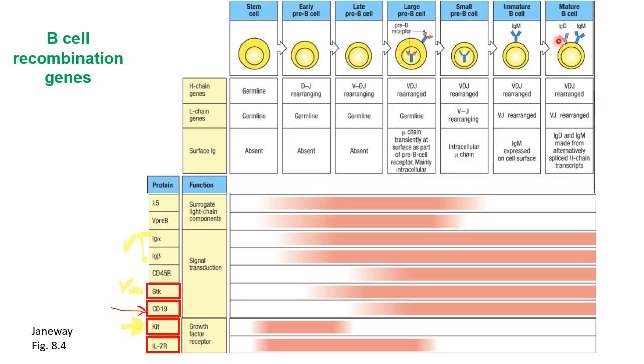At the spleen it is going to undergo another round of testing to see if it is going to see antigens that are part of your body but are not expressed in the bone marrow. Okay, so in the spleen it is going to undergo another round of negative selection. And if it passes, then it is going to express the IgD. Okay? And then it can go to other stages.